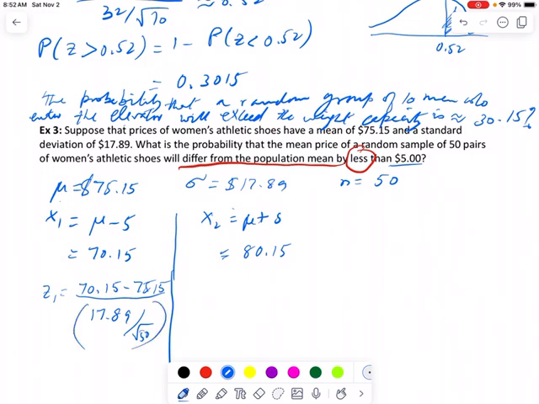On the other hand, this will be Z2, which is equal to 80.15 minus 75.15 divided by 17.89 all divided by square root of 50.